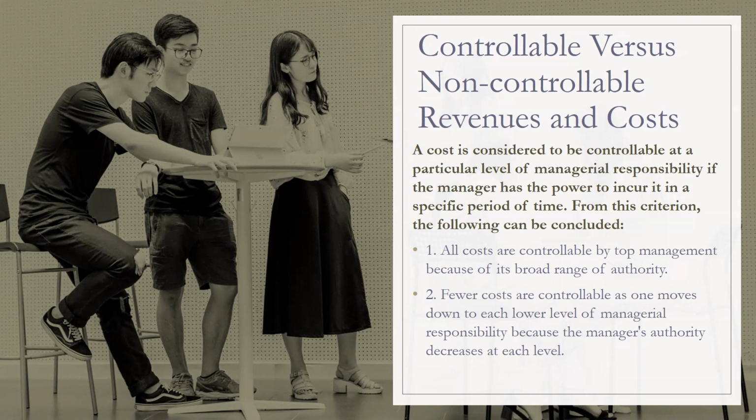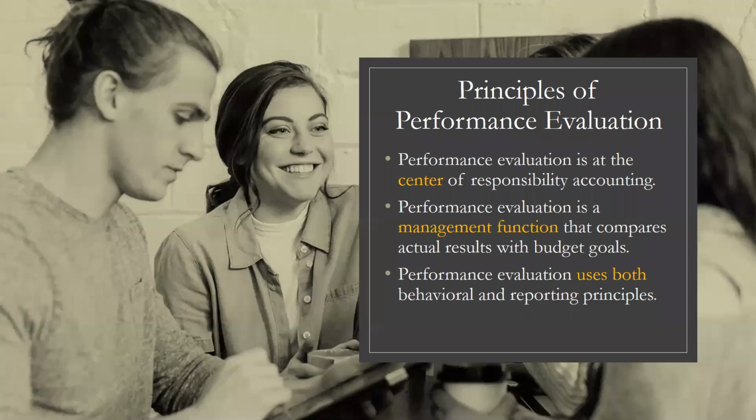In general, costs that a level of responsibility directly incurs can be controlled at that level. In contrast, costs that are incurred indirectly and allocated to a responsibility level are considered to be non-controllable at that level.